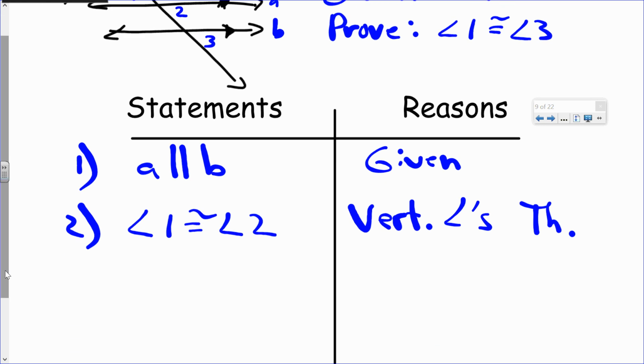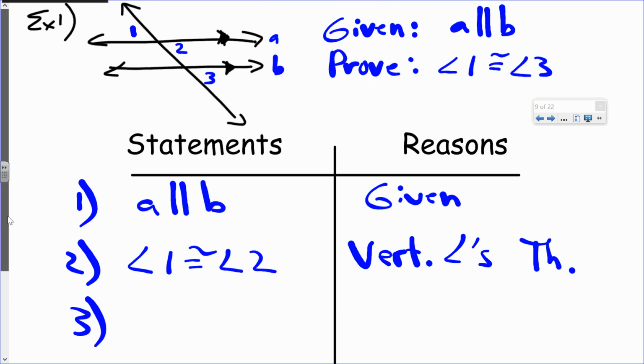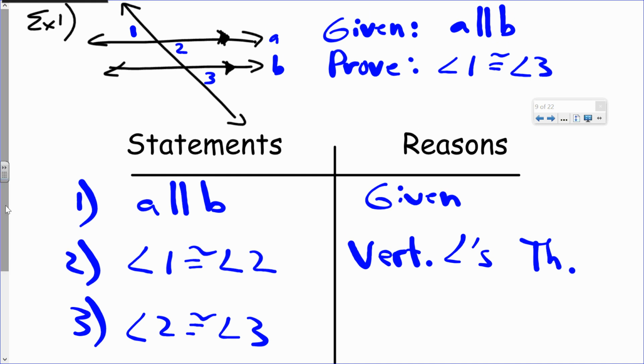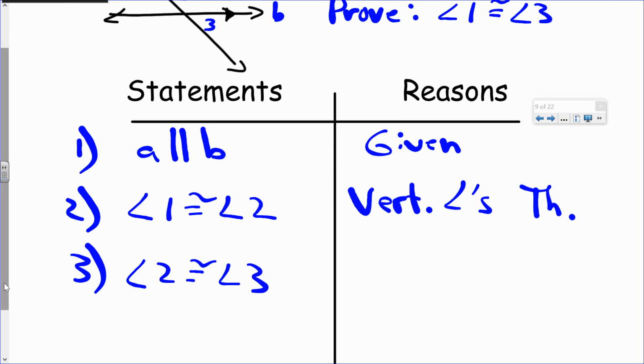All right, cool. How about step 3 now? Look what I'm going to say. Angle 2 is congruent to angle 3. What gives me the right to do that one? Why can I say 2 and 3 are congruent? Extra stamp. You get one chance, one crack at it. Corresponding angles postulate.